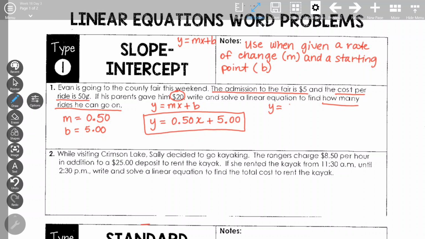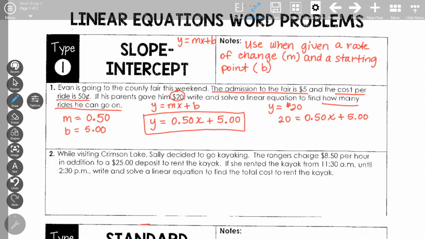So y equals $20, right? And then we're just plugging it into the equation that we just made. So 20 equals 0.50x plus $5, right?